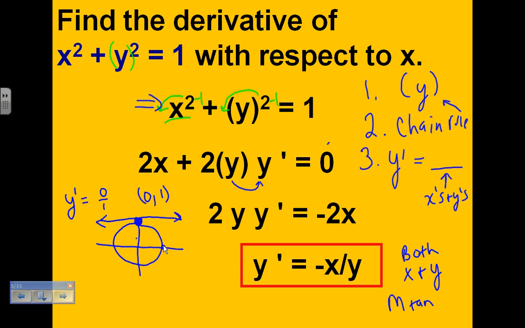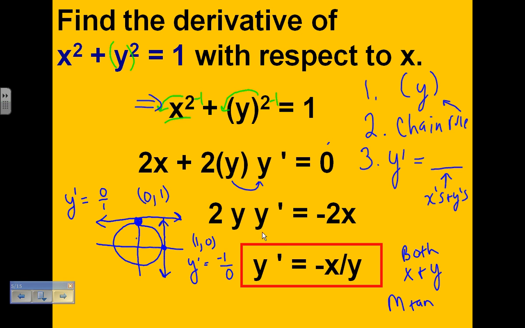Now, if I want to check the slope of the tangent line at 1, 0, y prime equals negative 1 over 0, well, then that tells you that that's a vertical tangent line. It has no slope. So you can see that you're going to have to use both x and y to find the slope of the tangent line when you're doing implicit differentiation.